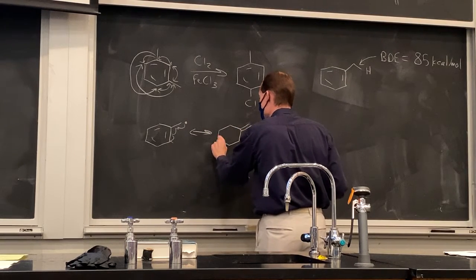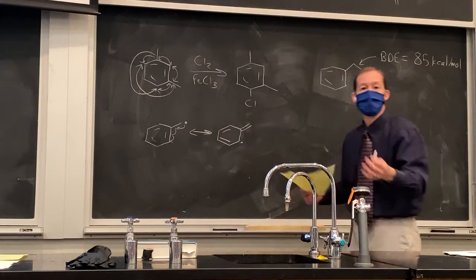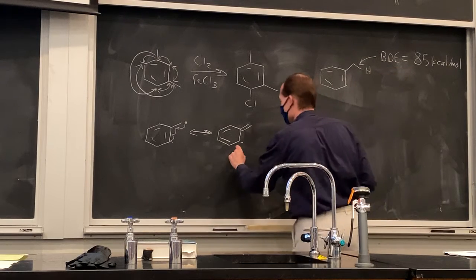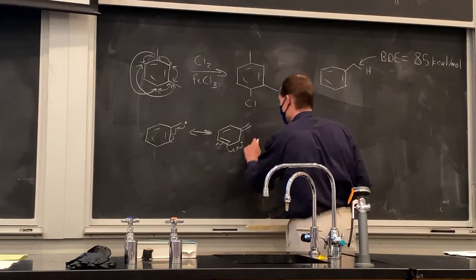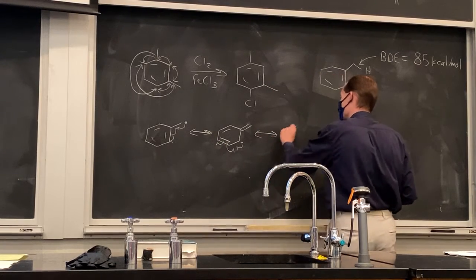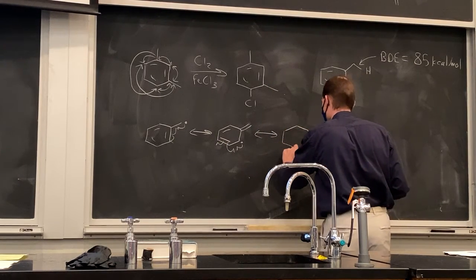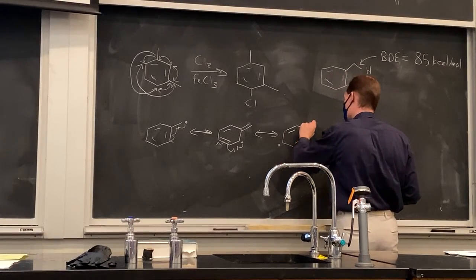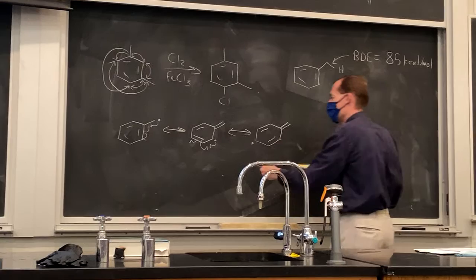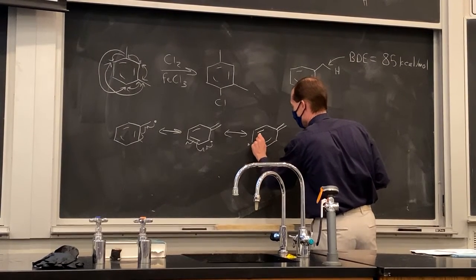And remember, spin density is the term that we use for an unpaired electron. So what we're doing here is we're delocalizing the spin density. We're sharing the spin density across multiple carbons. So we're drawing the same sorts of resonance structures we've drawn earlier in the chapter.